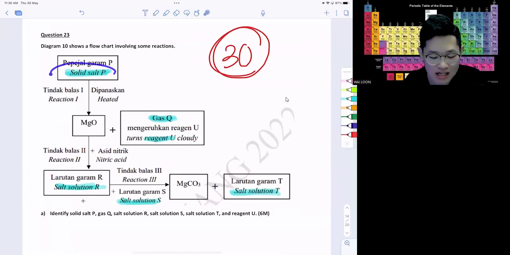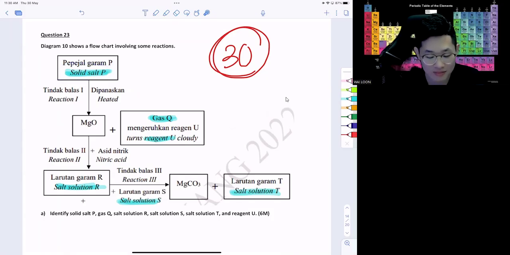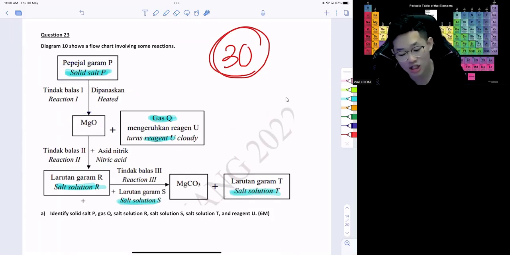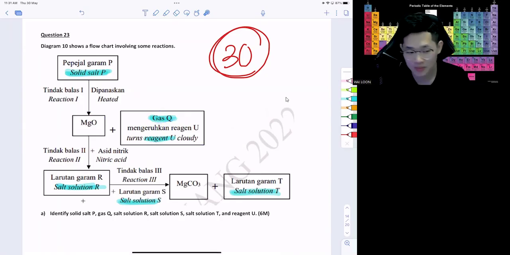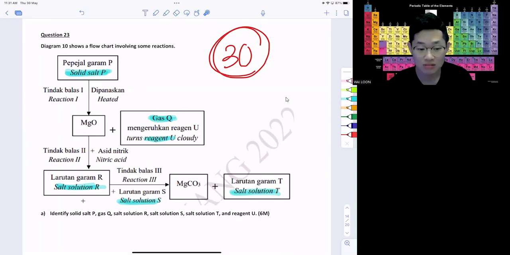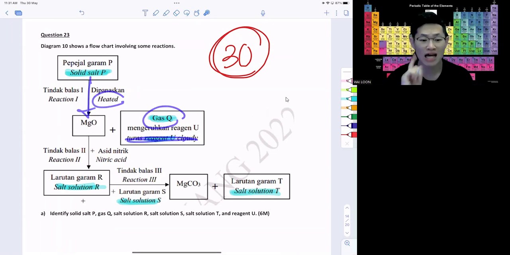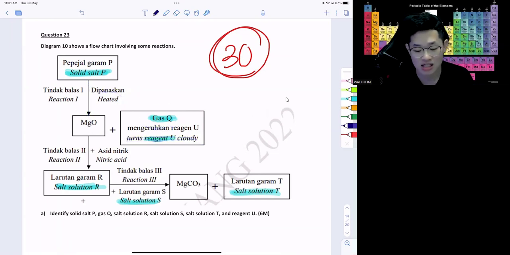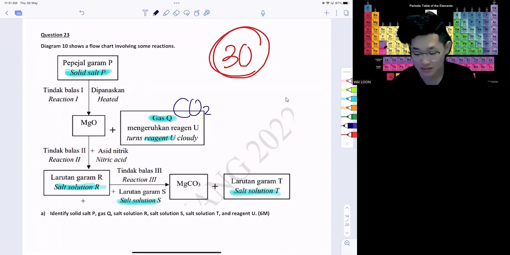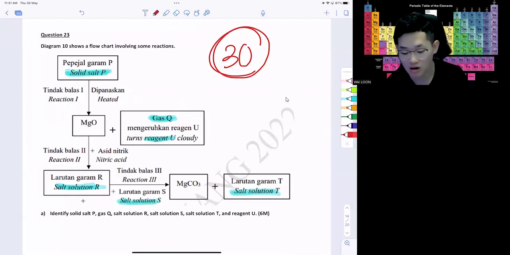salt P, when it is being heated, produces MgO and a gas Q that turns reagent U cloudy. Even without the cloudy, I can tell that heating a salt and it produces one gas only, this is carbon dioxide gas, CO2.